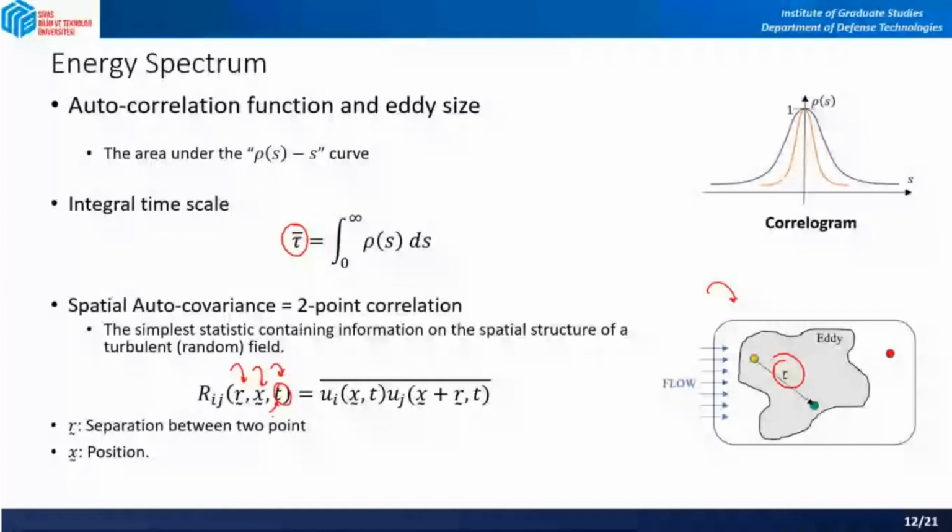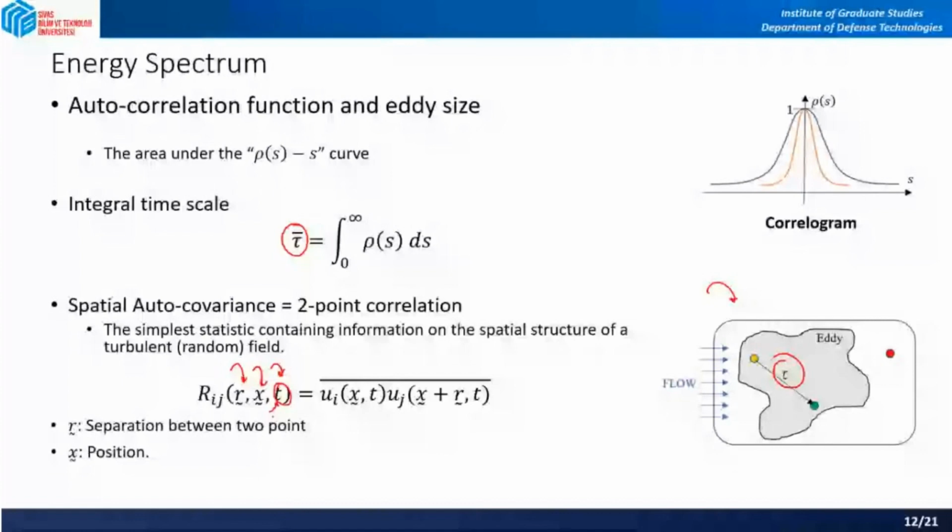So 3 by 3 equal 9 components, and it is statistically averaged, right? So you see this bar sign. For each instantaneous velocity field, I mean, each snapshot, you do the multiplications everywhere and then get the average of all those multiplications.